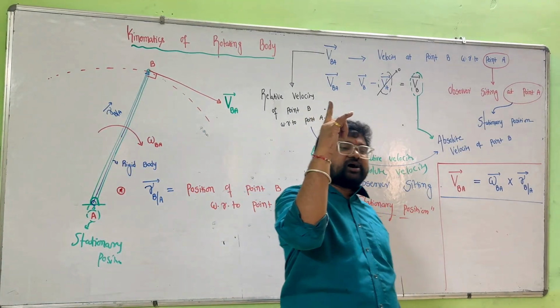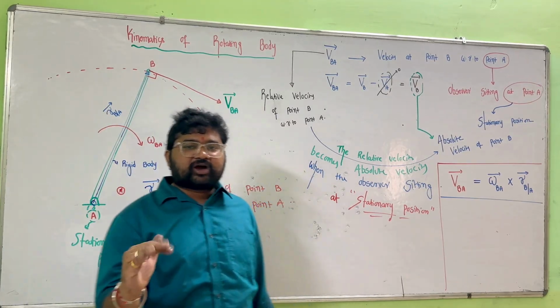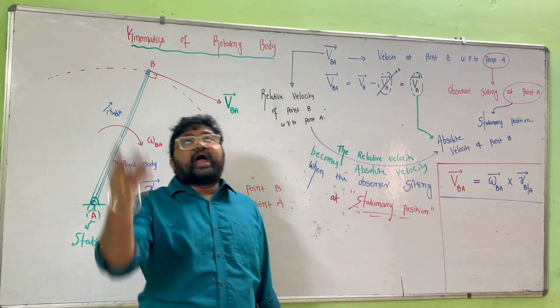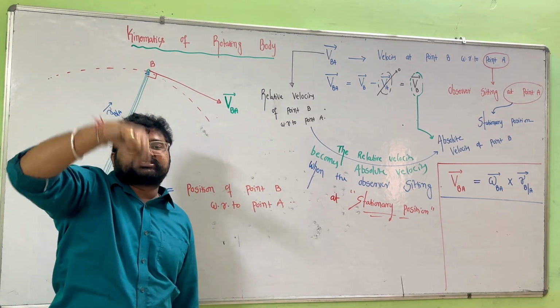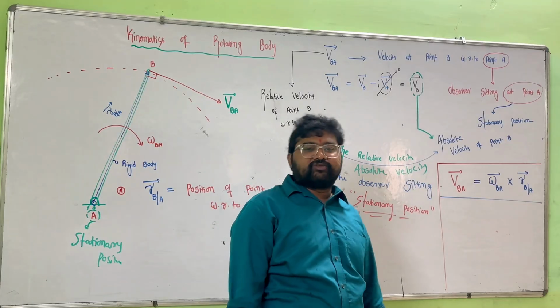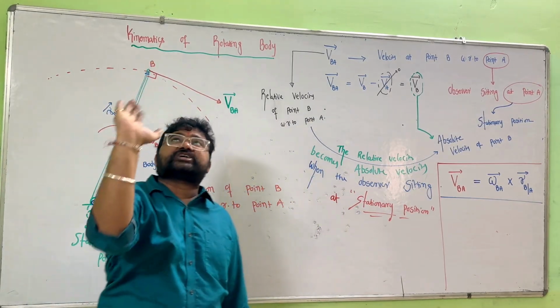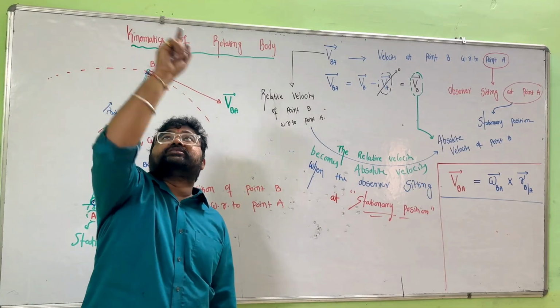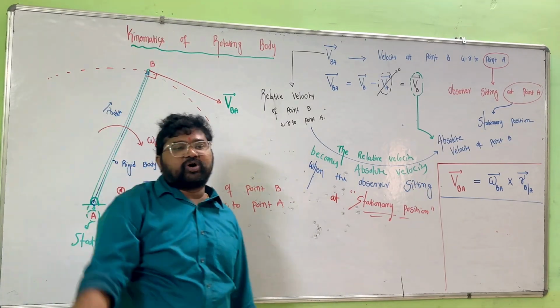What is the direction of rotation of the fan? Clockwise or anti-clockwise? Anti-clockwise. Angular velocity is downward. Air flows in the direction of angular velocity. Clear? So if it is rotating anti-clockwise, the angular velocity is downward.